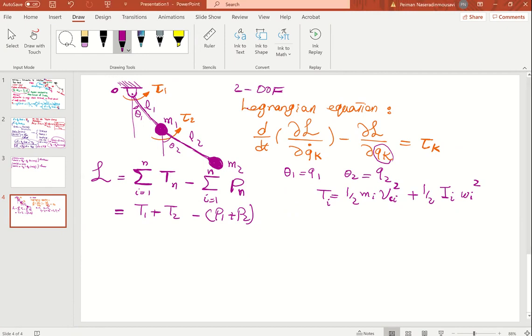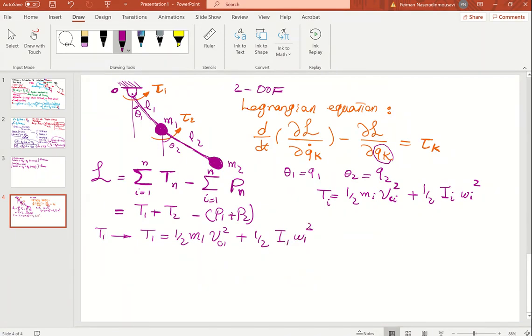So for each of these, you have T1 and T2. For example, T1 is equal to 1/2 m1 times the velocity of this particle mass squared, plus 1/2 I1 omega1 squared.